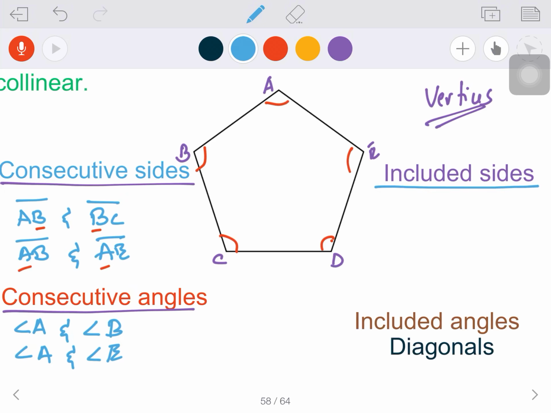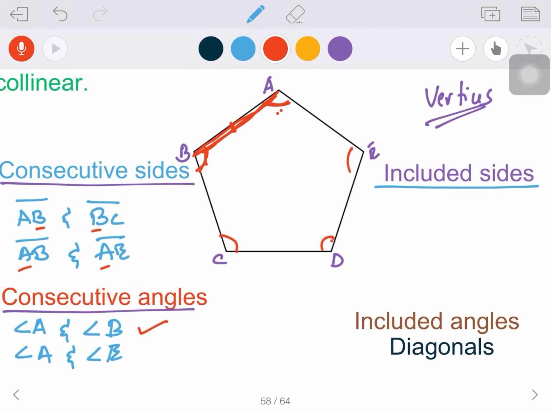When you talk about included sides, these are sides in between two angles which are consecutive. So, for example, let's try angle A and angle B. You see here angle A. This is angle B. You have here a side that's between angle A and angle B. These two are consecutive.